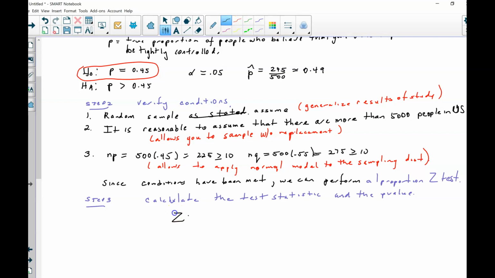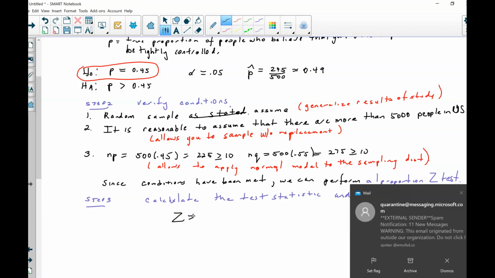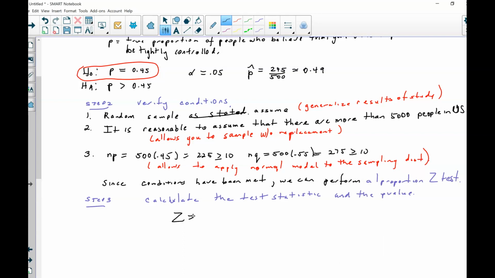So the formula for the general test statistic is provided to you in your reference sheet, and it's the statistic, which in this case is p hat. You're going to fill in the parameter, in this case it's p, and then you're going to fill in the standard error. Now the standard error, you're going to use p and not p hat, so it's going to be the square root of pq over n, and then we're going to substitute in.